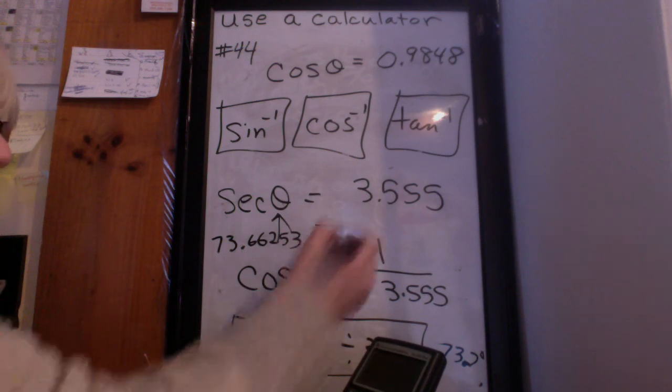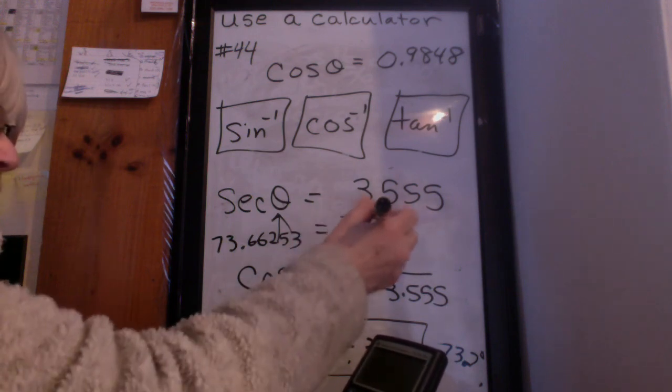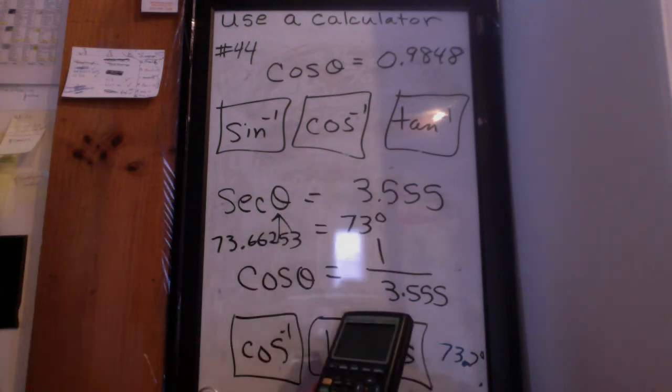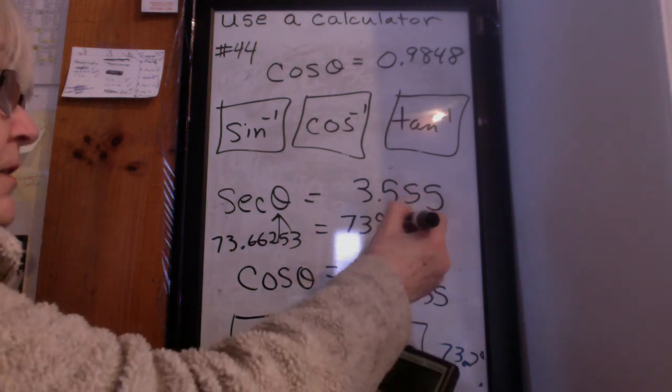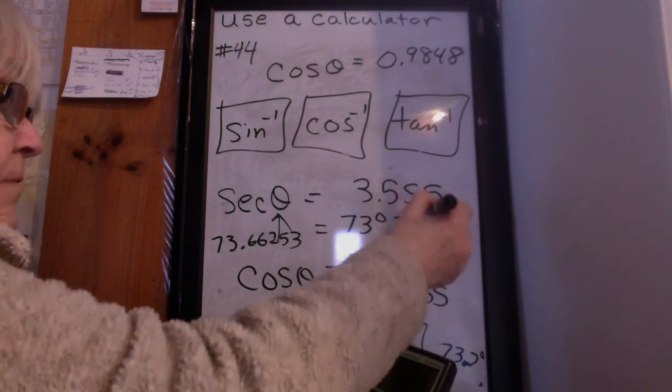So I want degrees, minutes and seconds, so it's 73 degrees. Subtract 73, hit enter, now I have just the decimal part, times it by 60, hit enter, and I get 39 point something, so write down the 39 minutes.